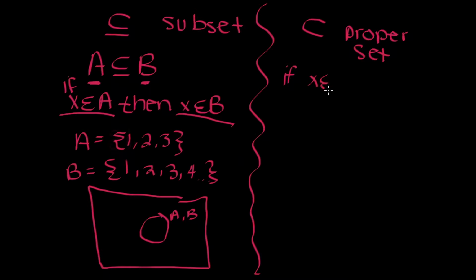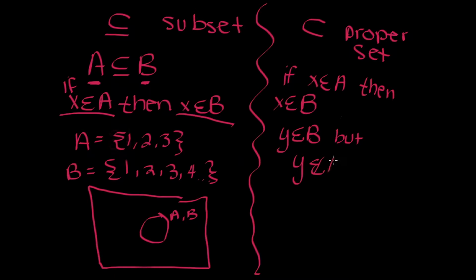If X is in A, then X is in B. But there exists a Y, or another thing that's not X, that is in B, but Y is not in A. So let's write there exists here.